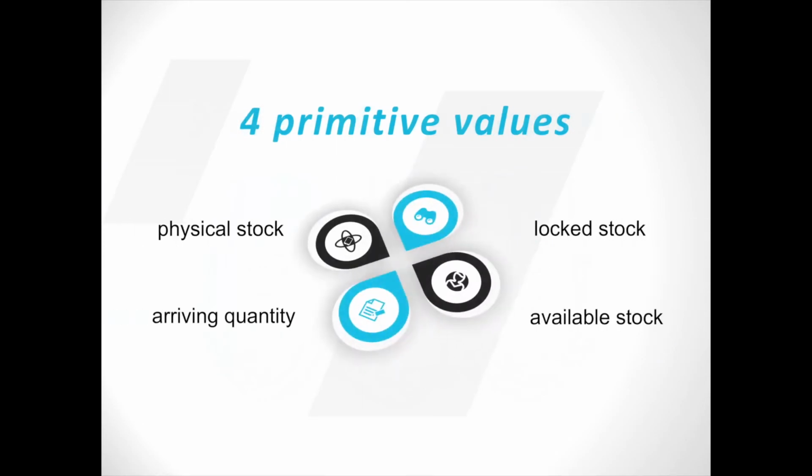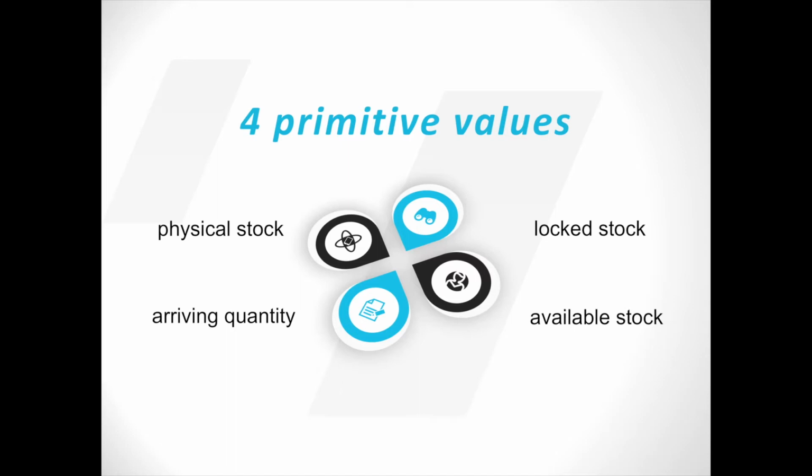And there are 4 primary values for this inventory. The physical stock means the actual inventory in the warehouse. The second one is locked stock, which means the amount of stock that has been sold but not yet released.